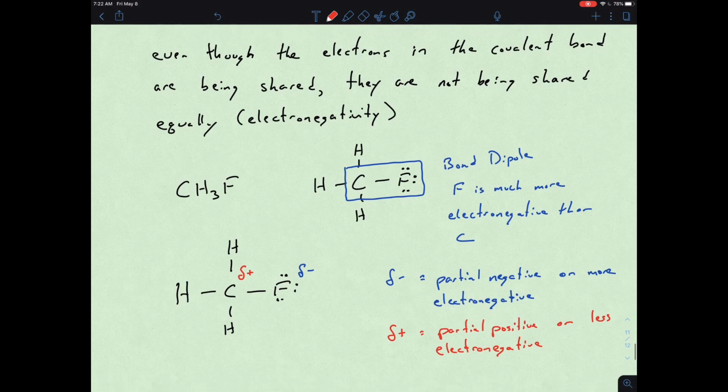Sometimes they also show this in terms of an arrow, where we have our positive part of the carbon and showing which way the electrons are being pulled.